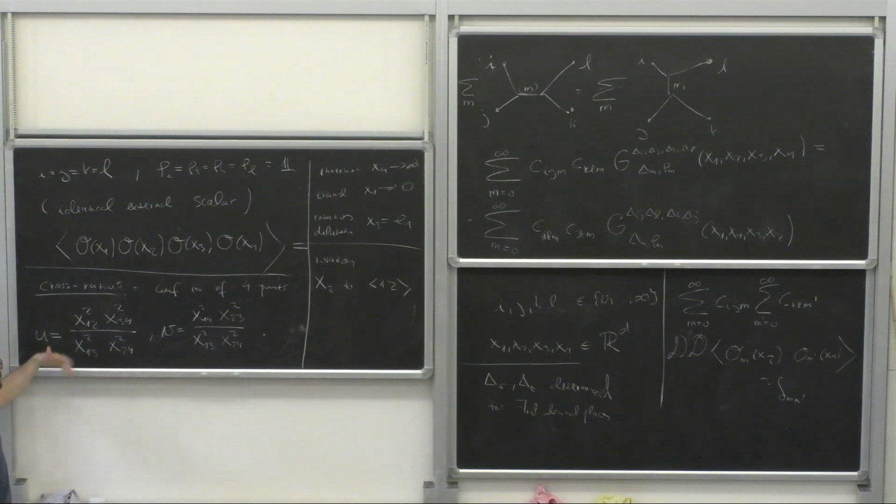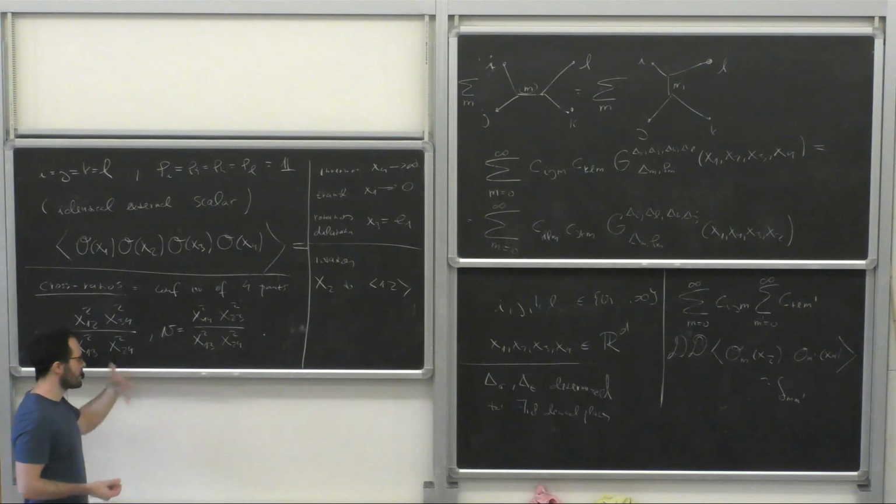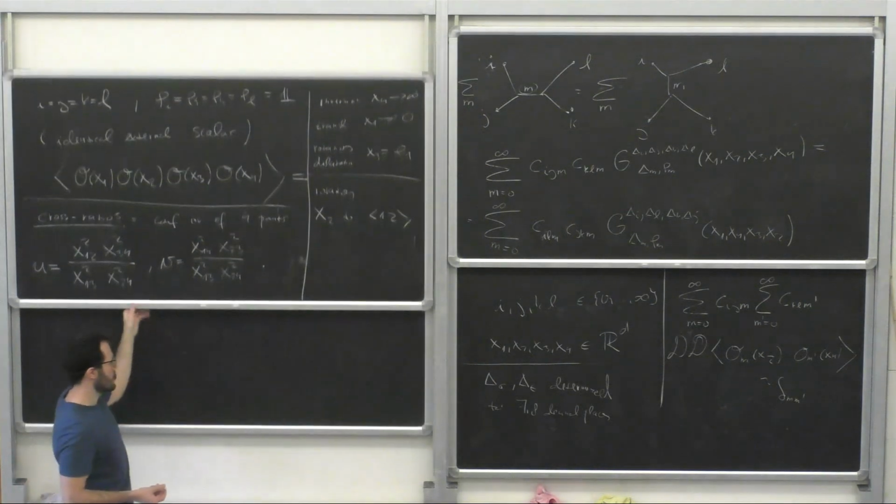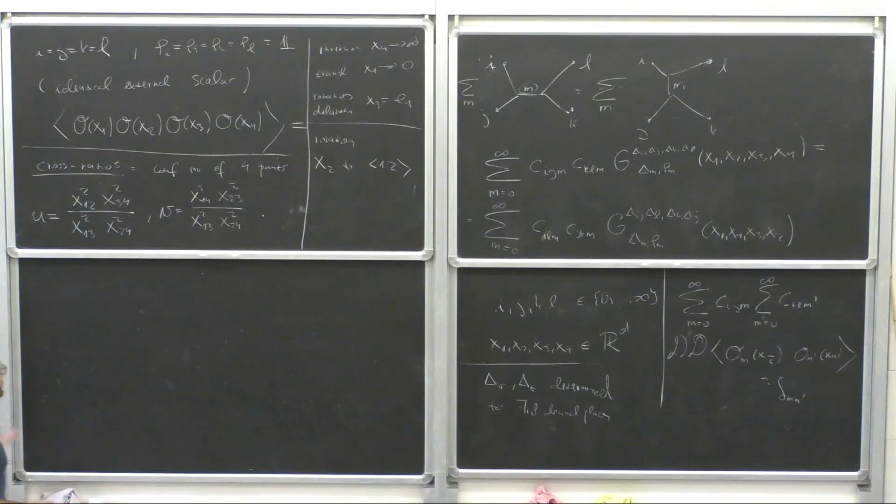In fact, the only thing that you need is that the total weight upstairs and downstairs is 4. Rotations also, because it just depends on the norm of these vectors. So the only thing which is non-trivial is that it's invariant under special conformal transformations. But for that, it's sufficient to check that it's invariant under inversions, right? If it's invariant under inversions and everything else, then special conformal transformations are also okay.